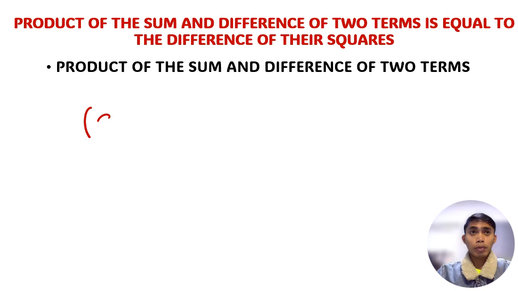If the formula is a plus b times a minus b, we all know that this expression is given by the two terms, a plus b times a minus b. So that is equal to the square of the first term, a squared, minus the square of the second term, which is letter b.